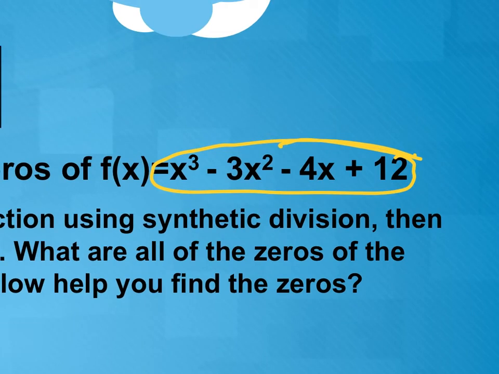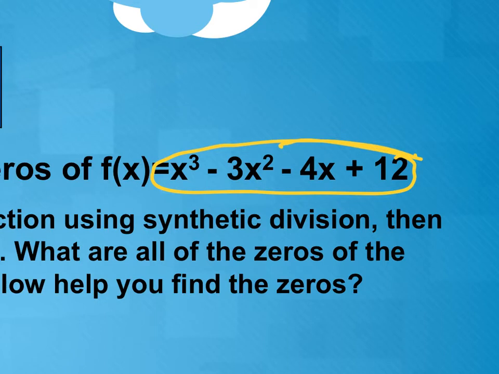Is it in decreasing degree order? Yes. What's the constant? 12. What are the factors of 12? 1 and 12, 2, 6, 3, 4. What's my leading coefficient? That's the degree. What's the coefficient on it? 1.